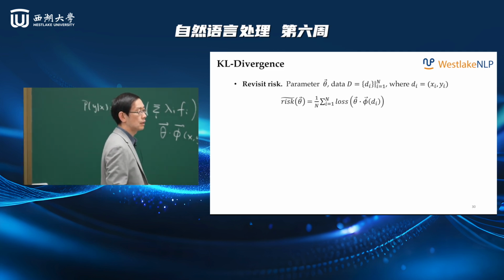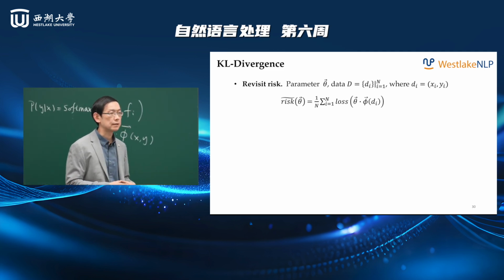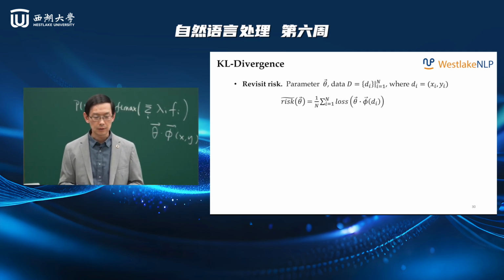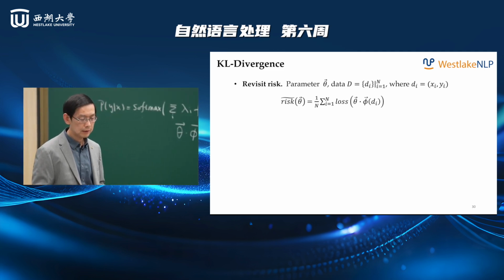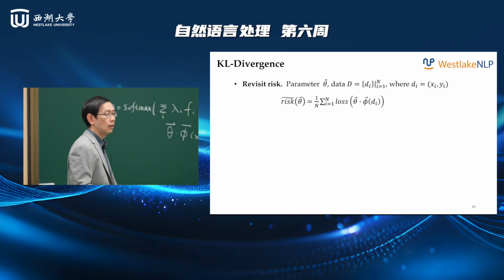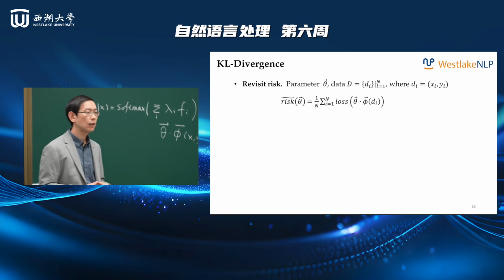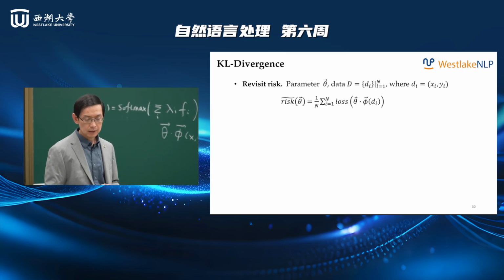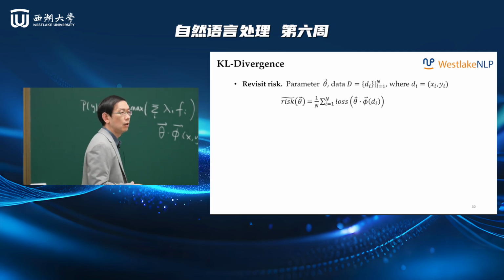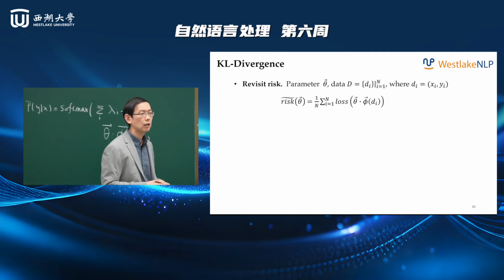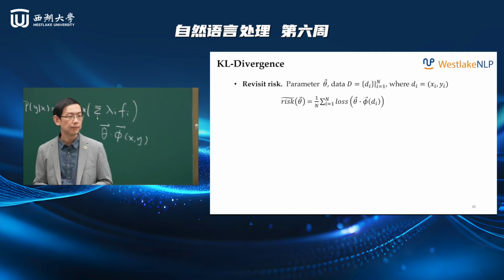So to introduce this, let's first revisit the risk we had learned, okay? So remember last week we said the empirical risk is the mathematical expectation or the sum of a loss over every data over a training set, okay?